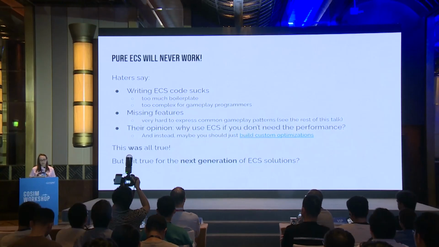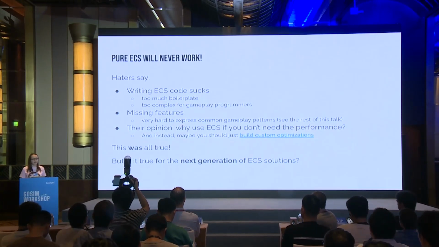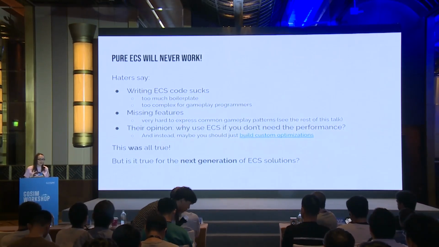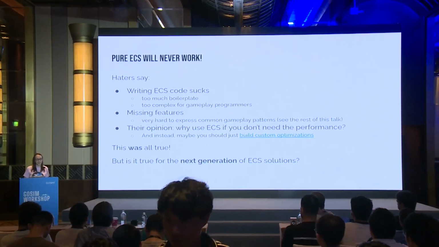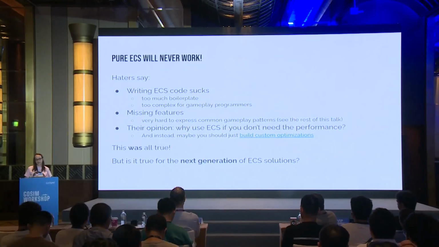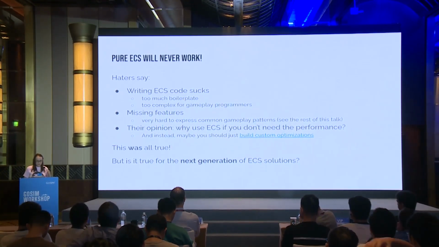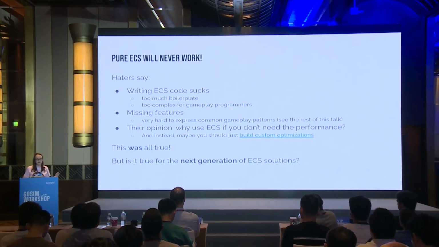And moreover, when you're using this previous generation of ECSs, you're constantly stumbling over these little tripping blocks. There'll be little things that you want to do, and you're like, how the heck do I do that? And the answer is, oh well, we didn't include that because it's not essential to make the physics system that we wrote this ECS for go fast. And so their opinion is, why would you use ECS if you don't need the performance?